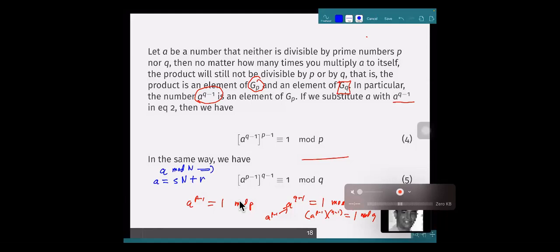So this one is the modulo. Now this one is also modulo. This one that you see here, that's modulo. So you can also write it like this.